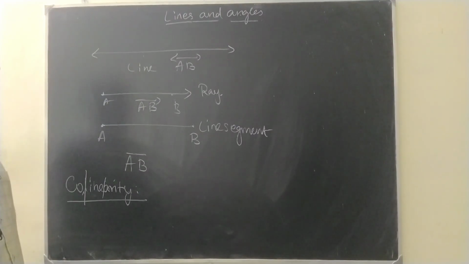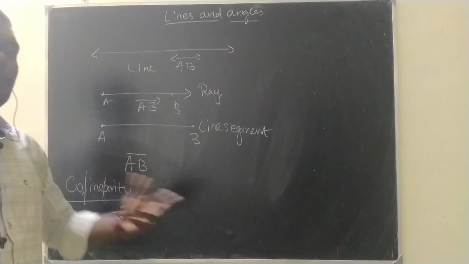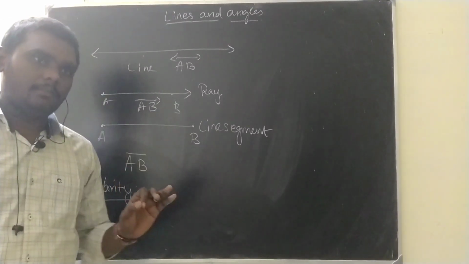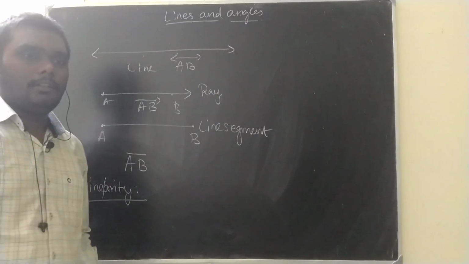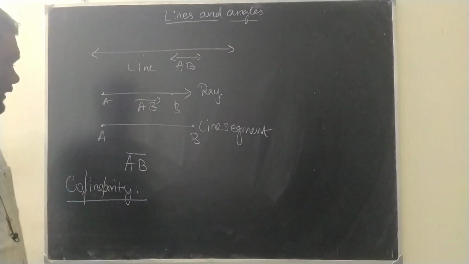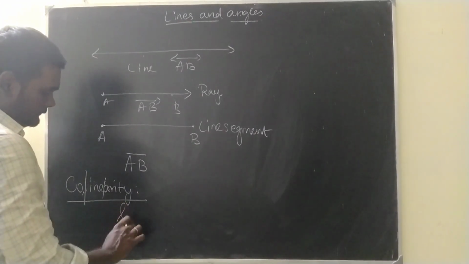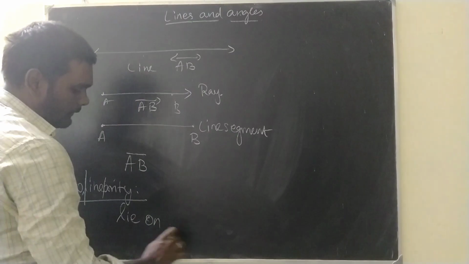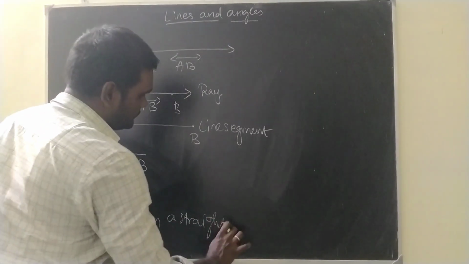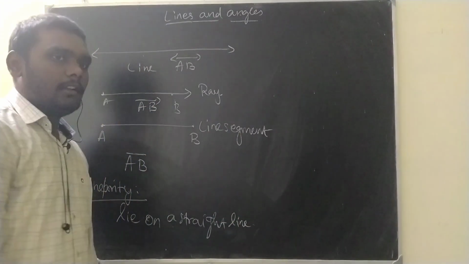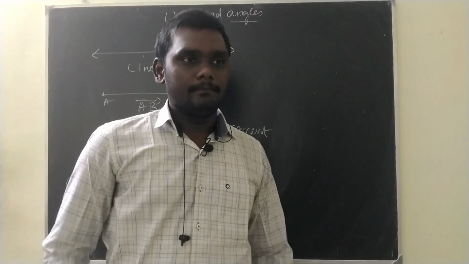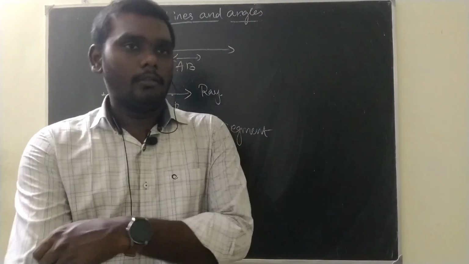So we say the given points are collinear if the given points lie on a line or line segment, that is, if they lie on a straight line, then they are called collinear points. If not, they are called non-collinear points.